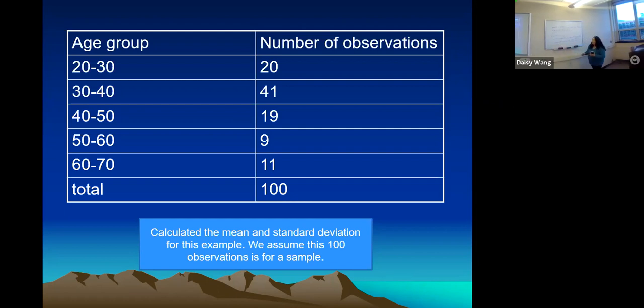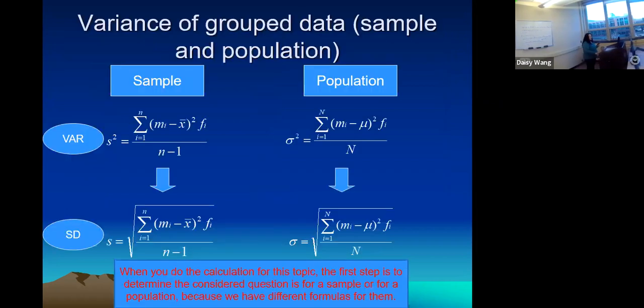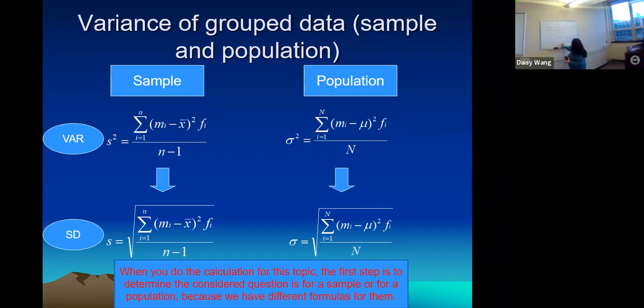14,900. Yeah. So if we go back here, we need to use this divided by 99, right, which is 100 minus 1. So that will be 150.51.